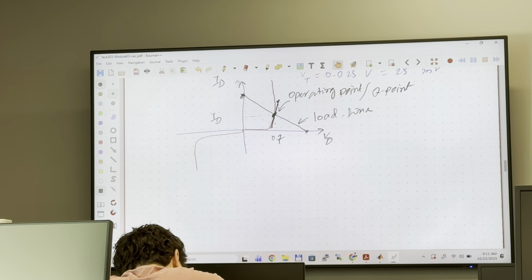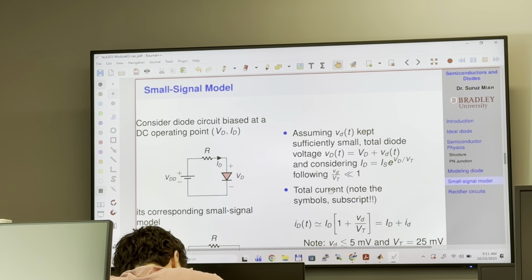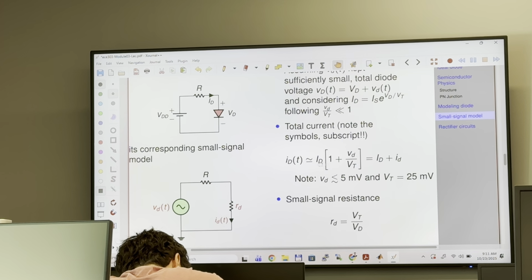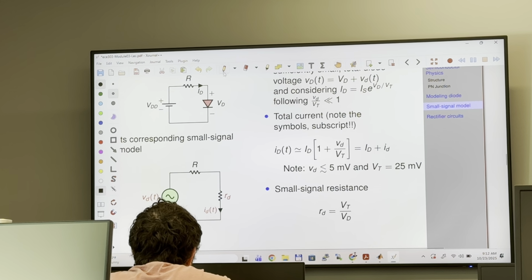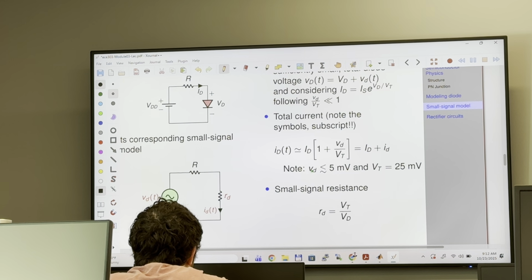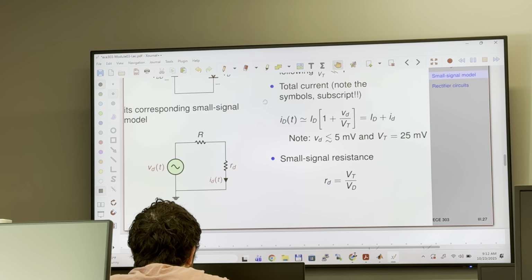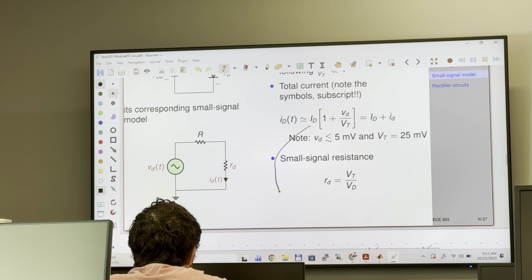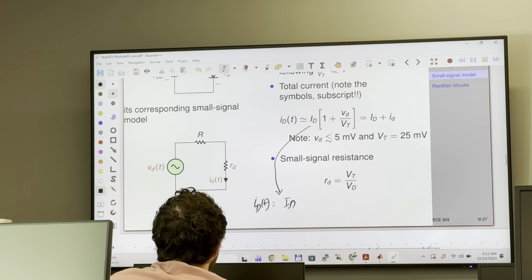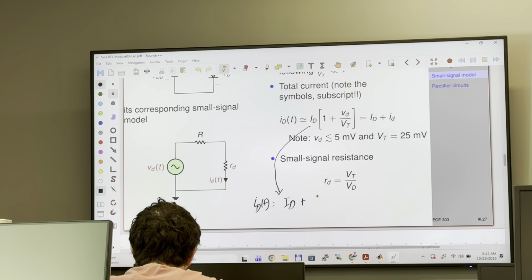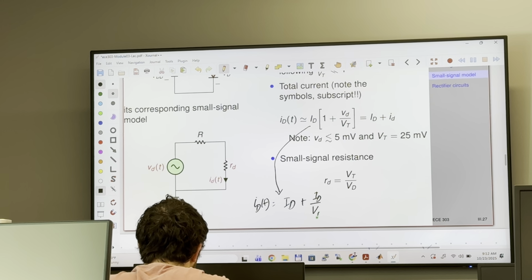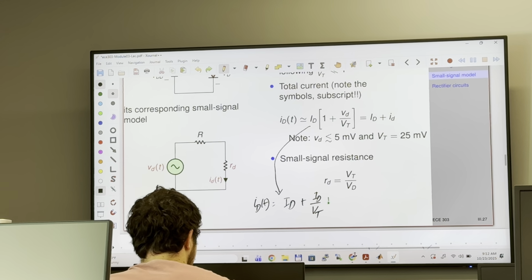We saw that ID is going to be capital I sub D plus lowercase i_d, and this equation becomes i sub D(t) equals I_D plus I_D over V_T times v sub d.